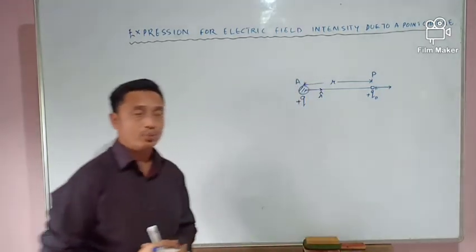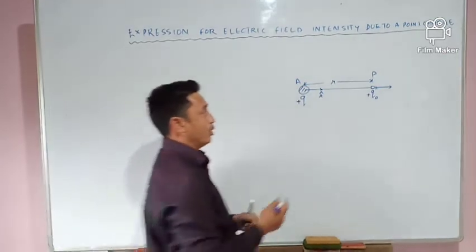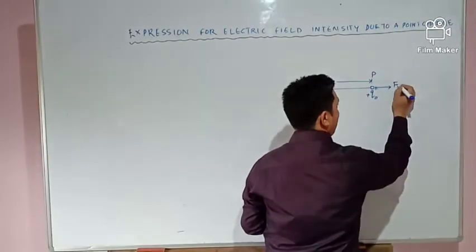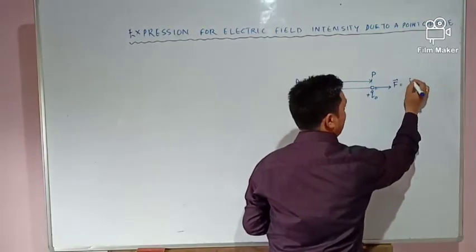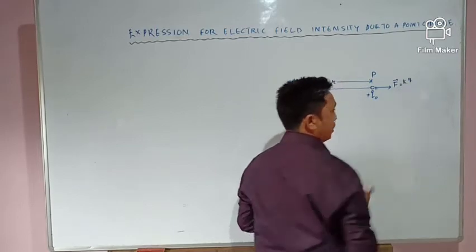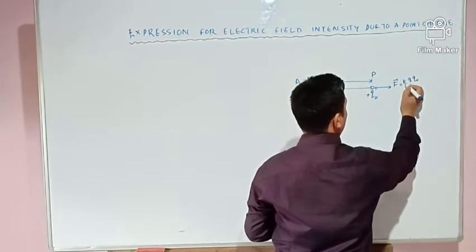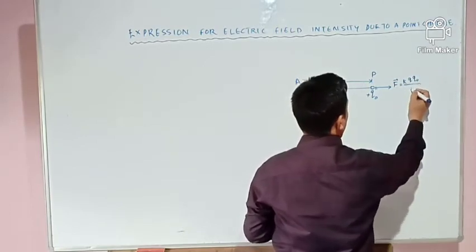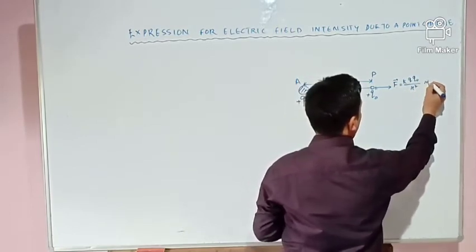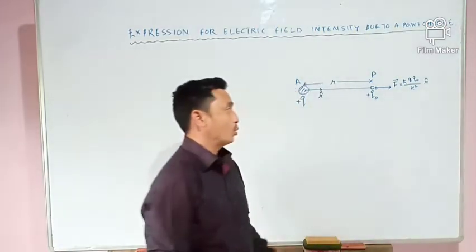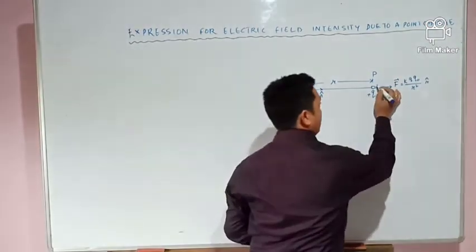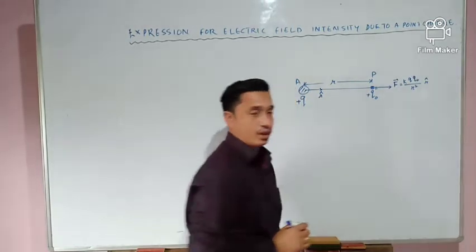Let us see the direction of the force. It will experience a force F equal to K Q Q naught by R square, times the R unit vector. So this is the force experienced on this particular test charge.